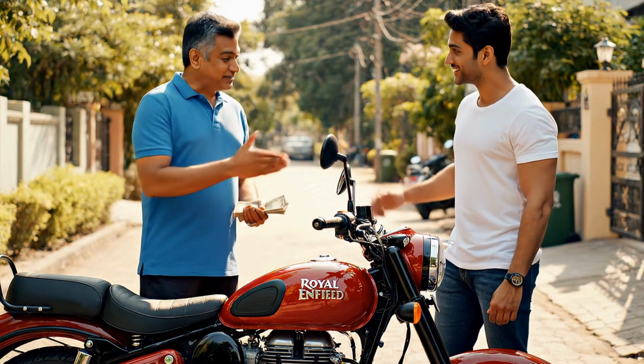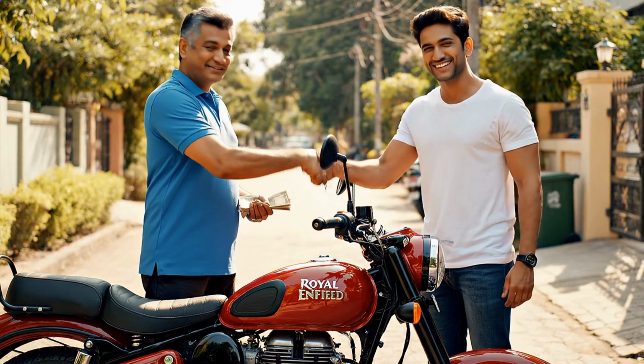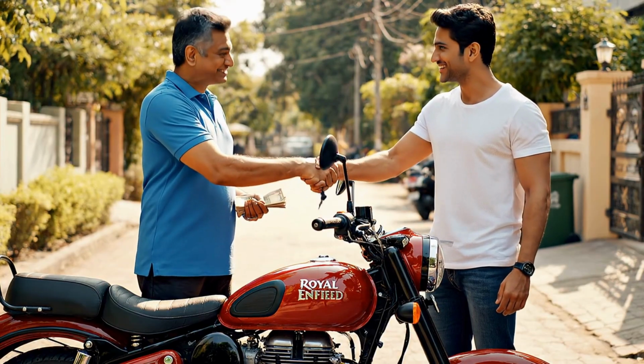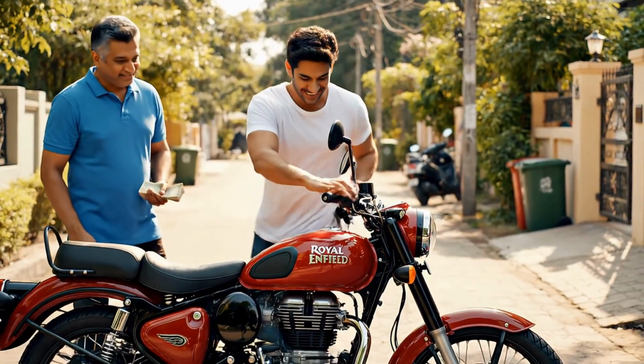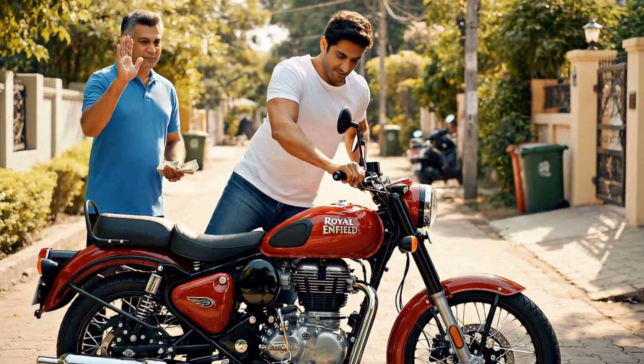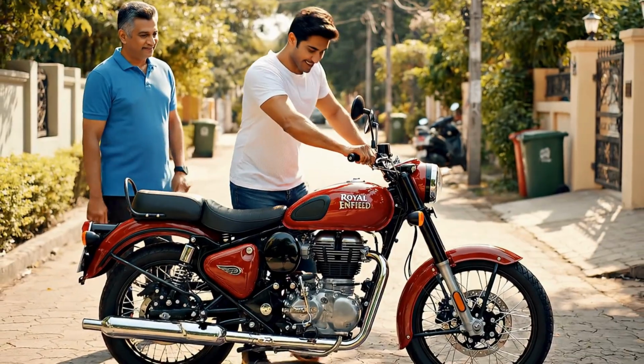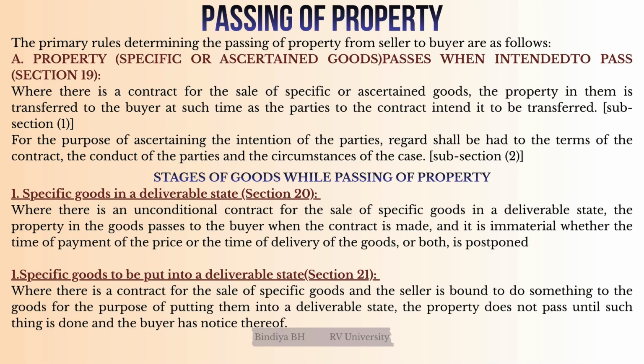For example, A agrees to sell a machine to B. The machine needs some repairs before delivery. In such a case, the ownership will transfer only after the repairs are done to the machine and also B is informed about the repairs done.